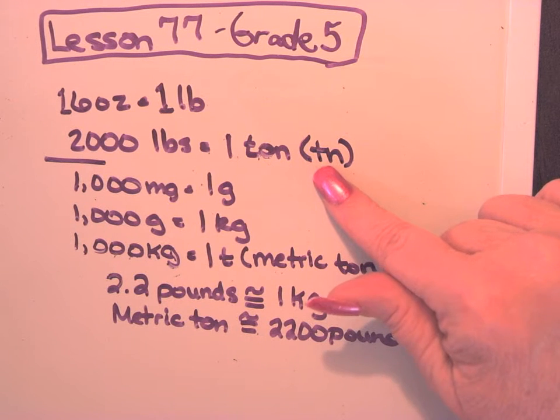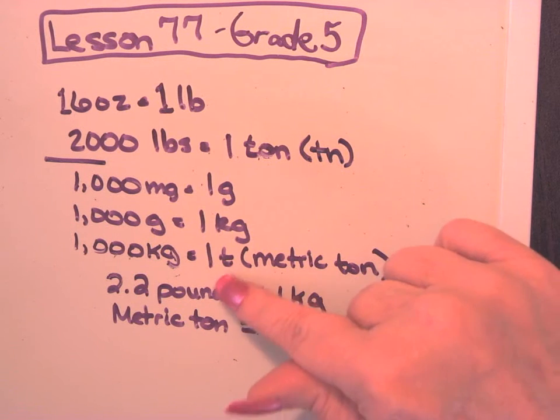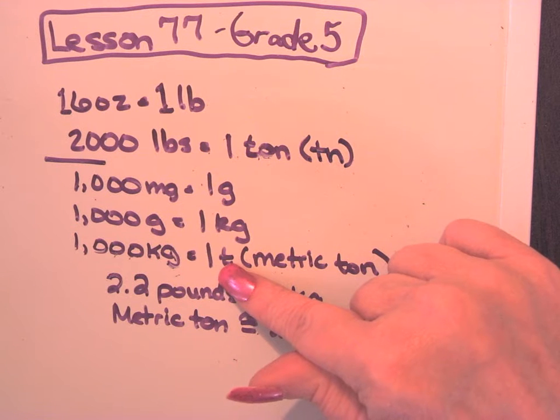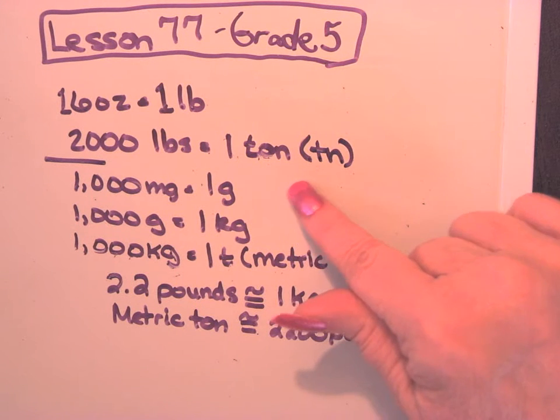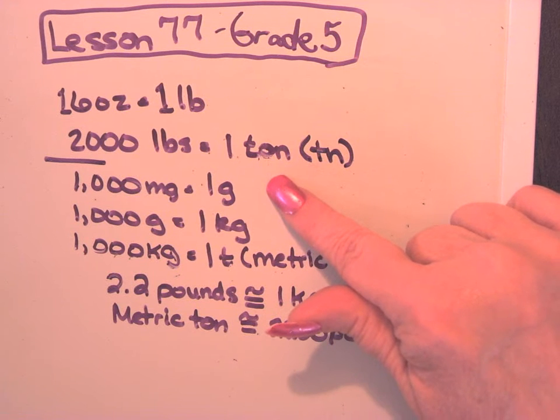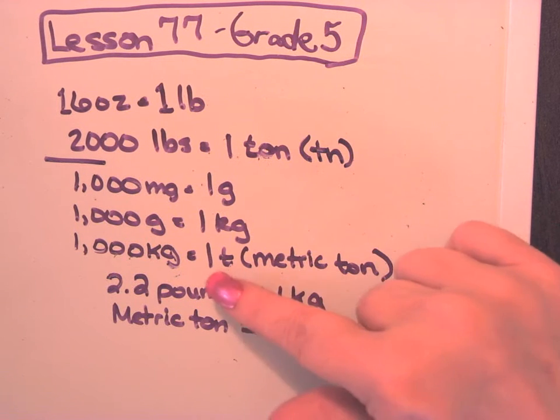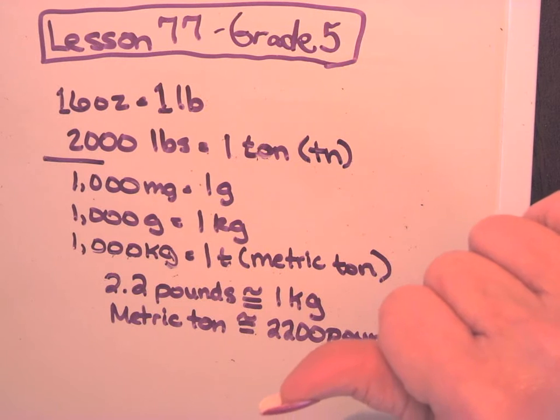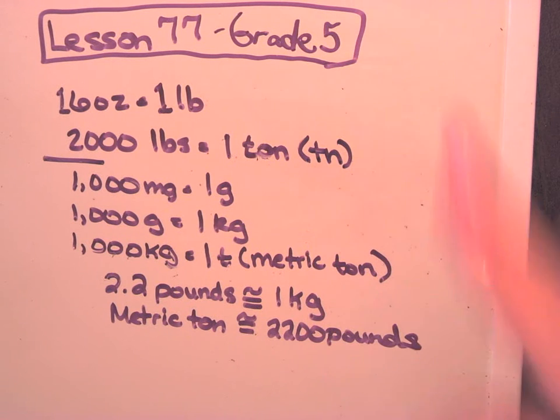Okay, so a metric ton that we're going to talk about in a minute has the lowercase letter t. That's why we use something different, so we know we're talking about the U.S. measurement of ton, not the metric unit of ton. Okay, 2,000 pounds is a ton.